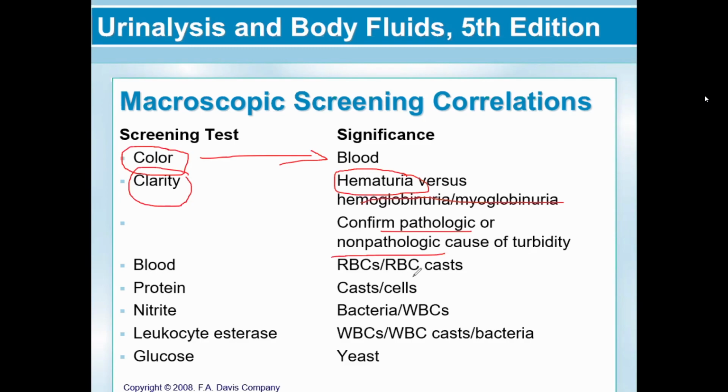Very common, guys, especially in pregnant women. So it's turbid, but under the microscope or even the chem exam, there are no significant results. They are normal, but very turbid. So that's non-pathologic.